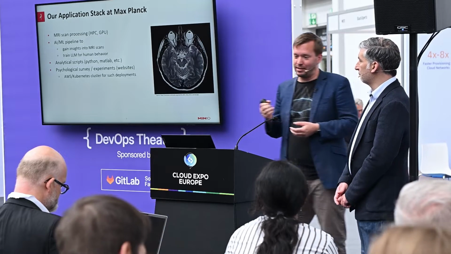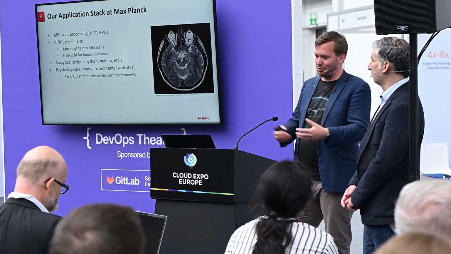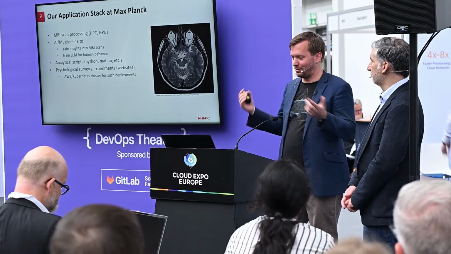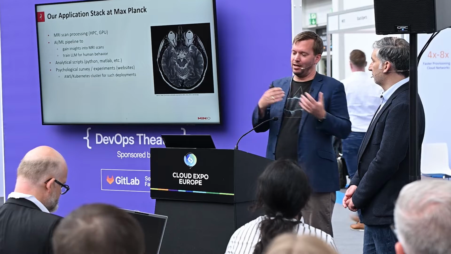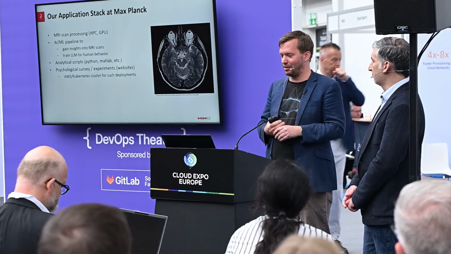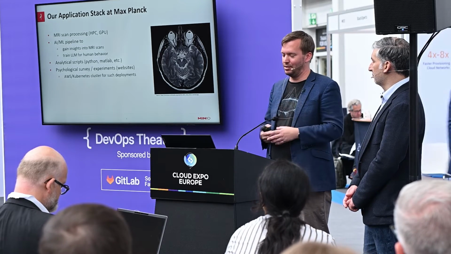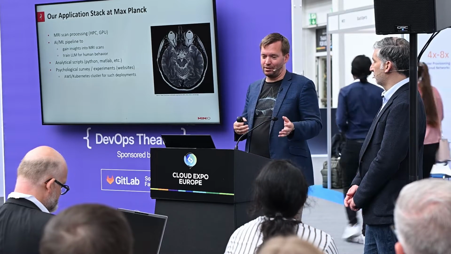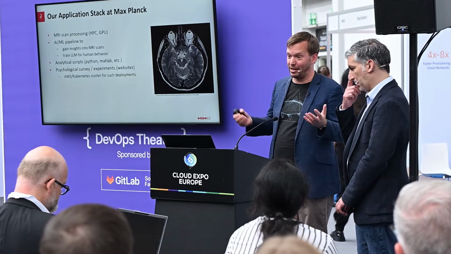The application stack is, of course, historically centered around MRI scans. As I said, transforming this into different formats, averaging the data, or creating videos or other derivatives from the MRI scans. But what sneaks up left and right, of course, is AI and ML.